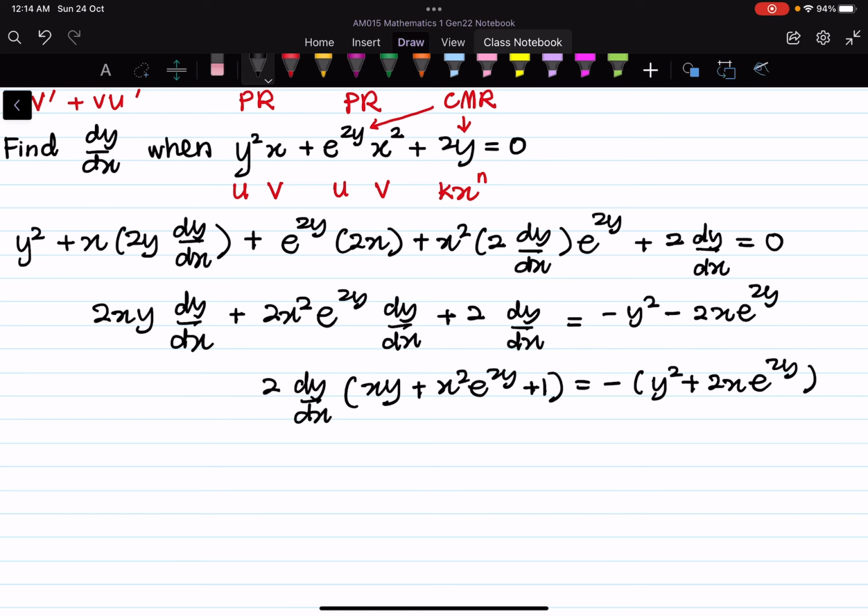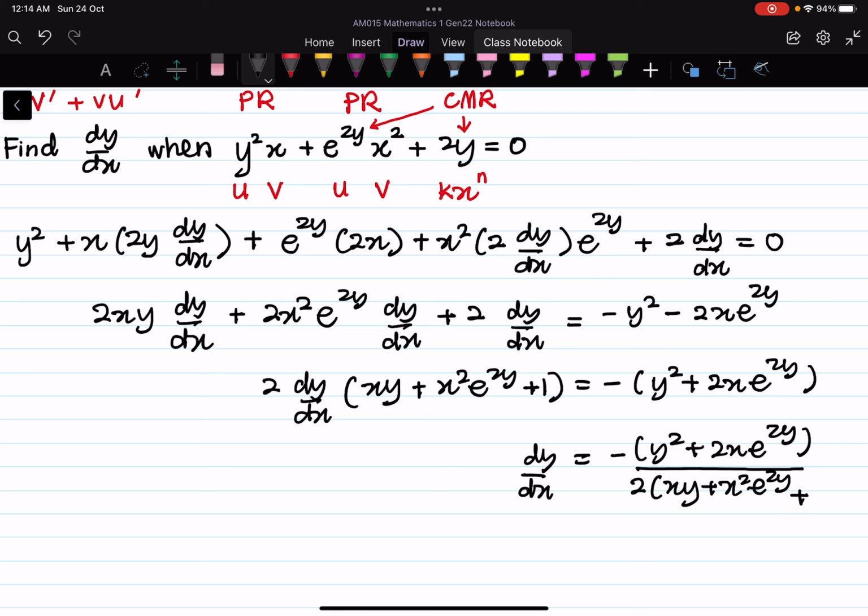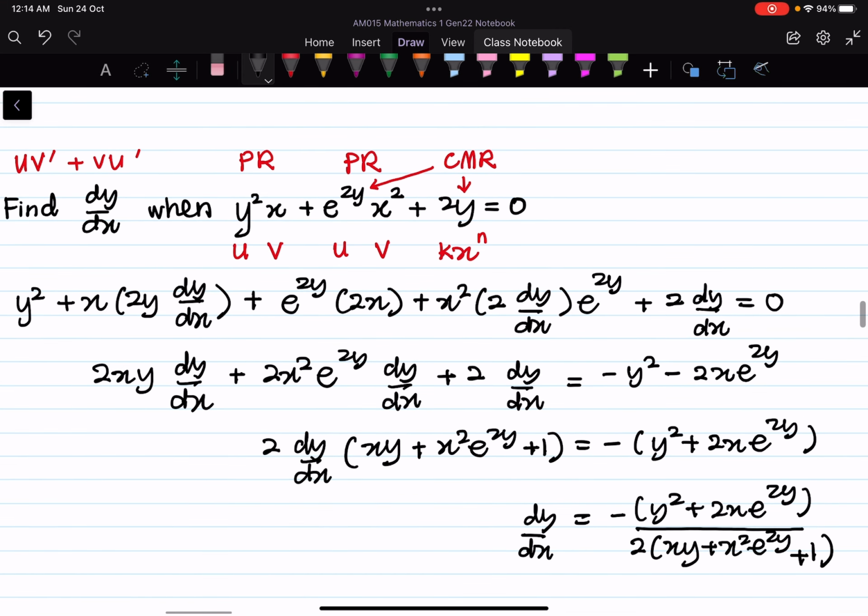And my dy/dx is negative y squared plus 2x e to the power 2y divided by, so we're going to bring the 2 and this expression as 2 times xy plus x squared e to the power 2y plus 1. That's it.